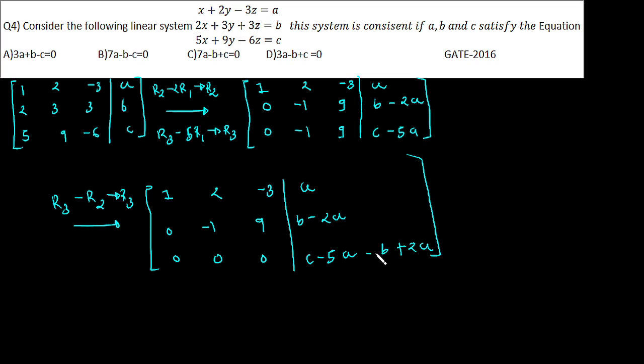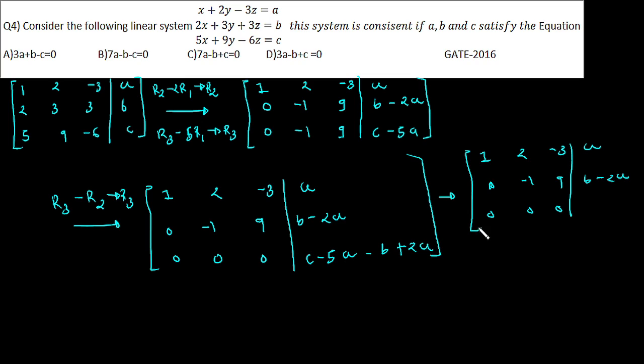Now let's simplify this last entry. So 1, 2, minus 3, here A remains as it is, 0, minus 1, 9, B minus 2A, and here all entries are 0 except this last one.